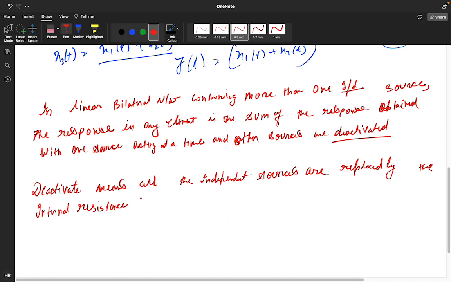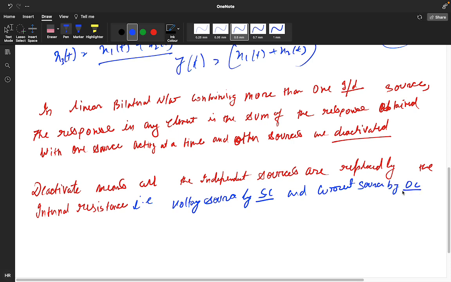Okay, that is, voltage source by short circuit, and your current source by open circuit. Voltage source will be replaced by short circuit and current source will be replaced by open circuit.